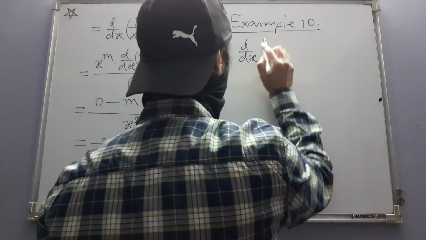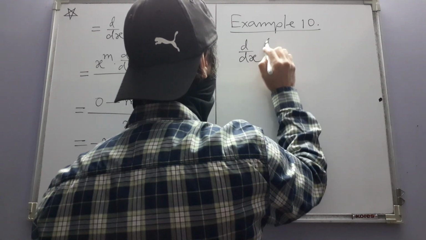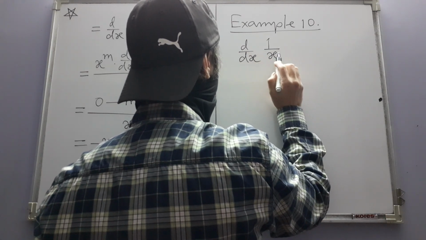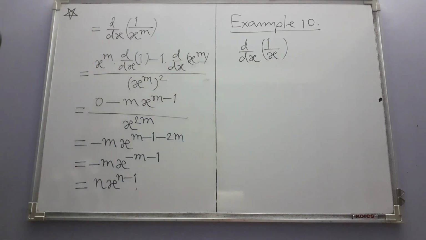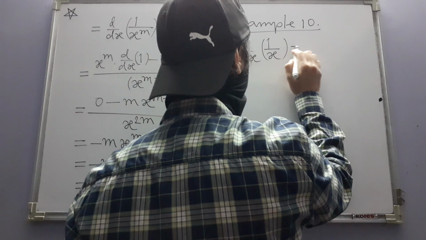The first negative number is minus 1. So if the exponent is minus 1, then it's just 1 over x.